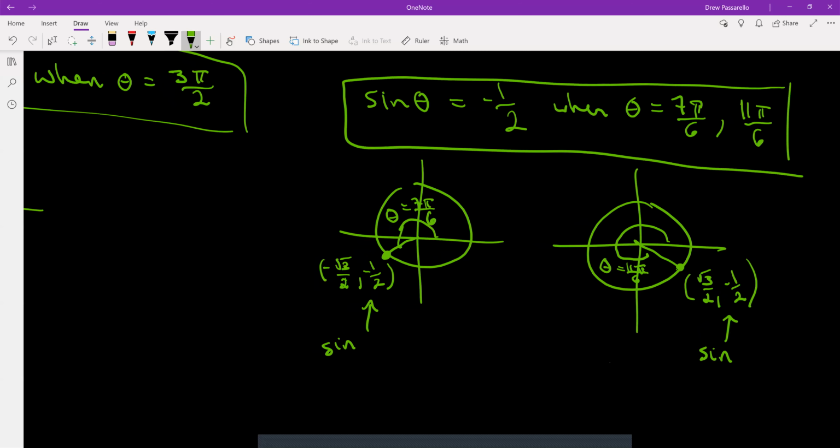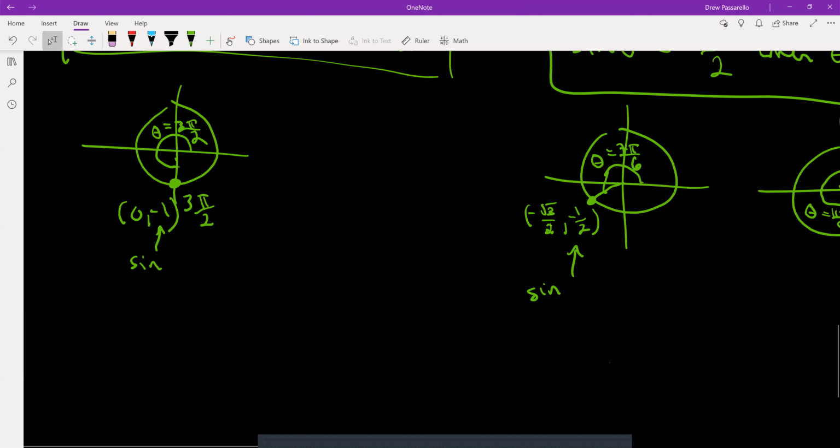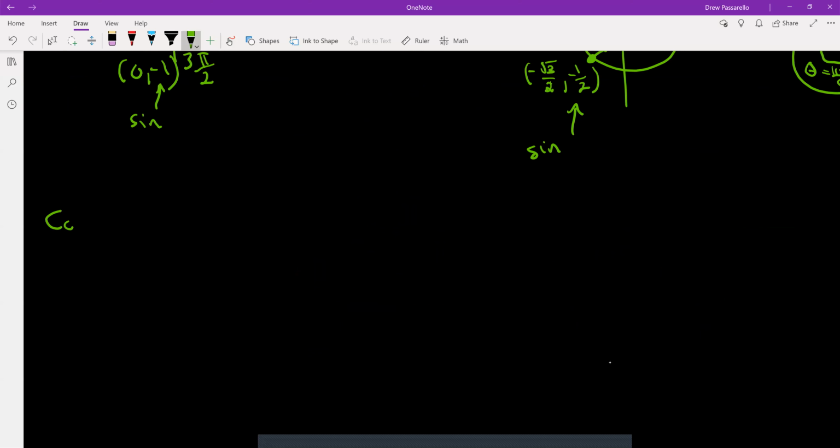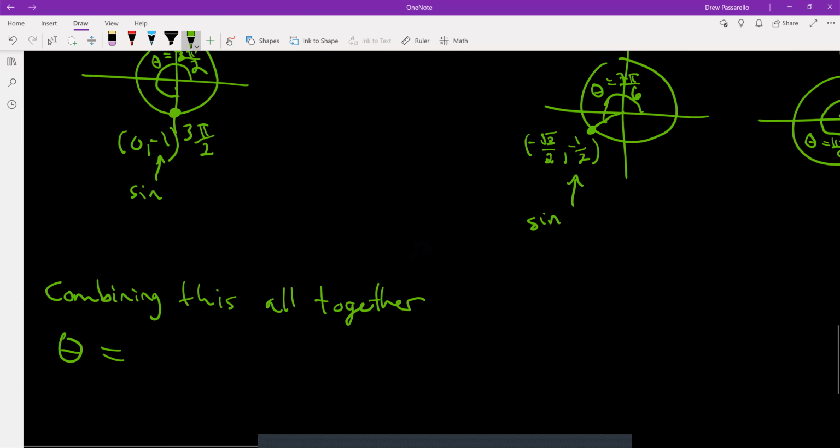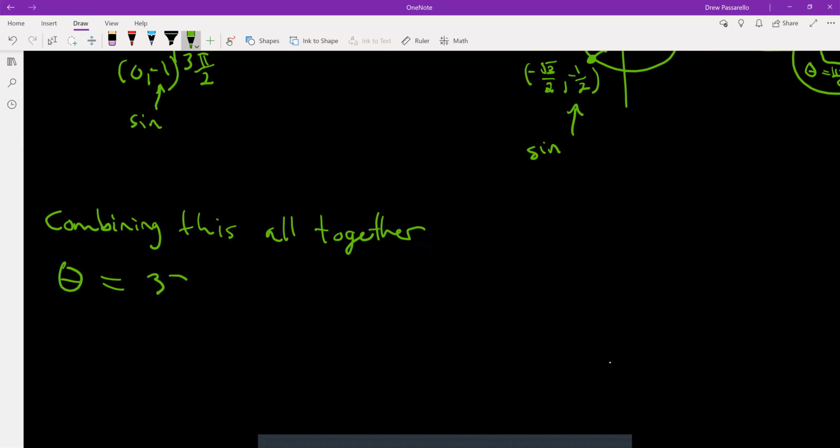So combining this all together, we have theta equal to 3 pi over 2, 7 pi over 6, and 11 pi over 6.